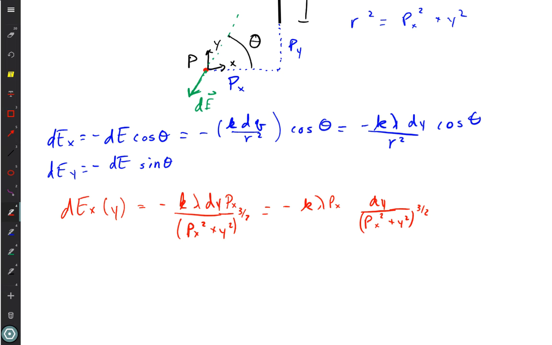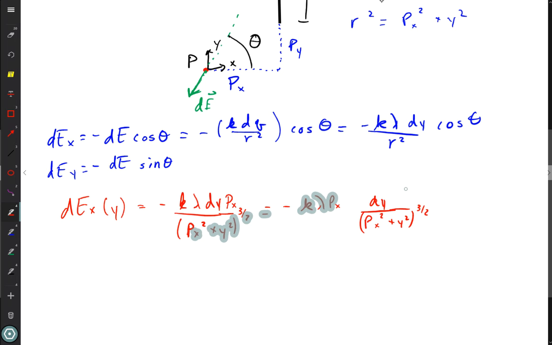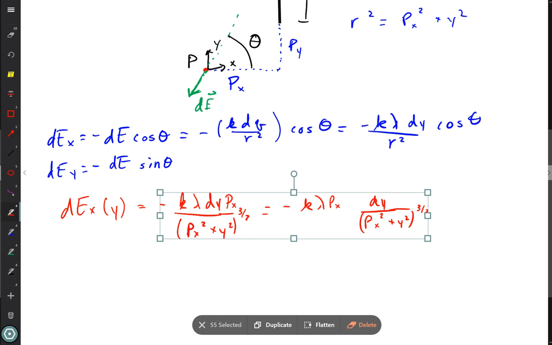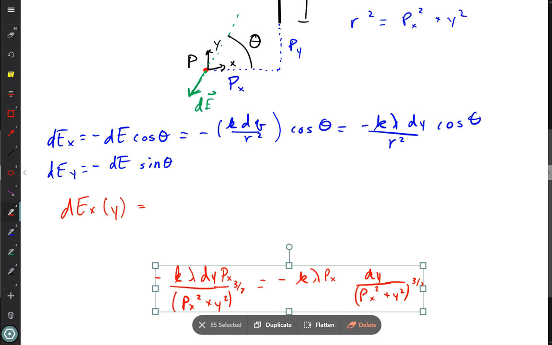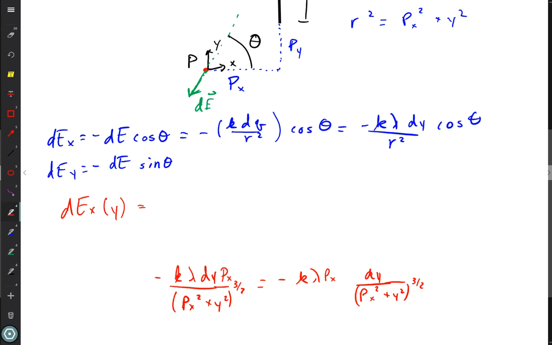Oh, okay. Yeah, I said that, but I didn't show it. Okay, didn't mean to erase it. Wanted to keep that there. So if I make my substitutions, it's minus k lambda dy, no substitution yet, over r squared, I'm going to have px squared plus y squared, right?